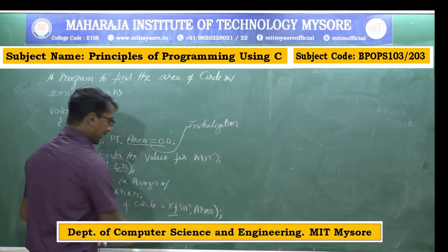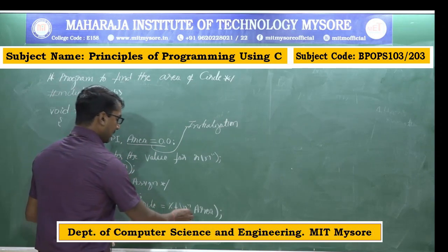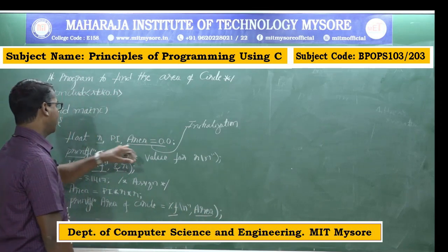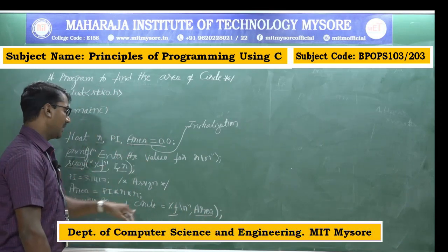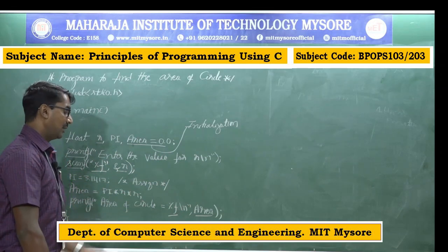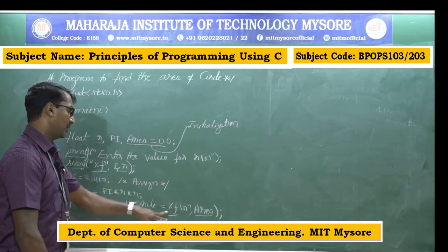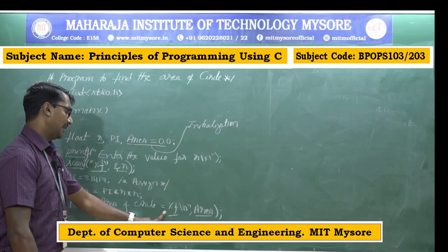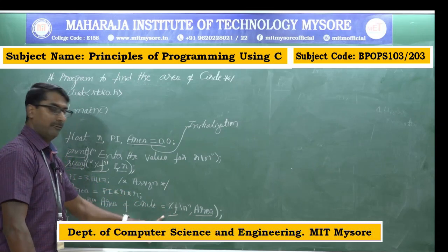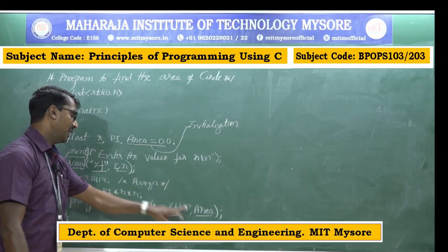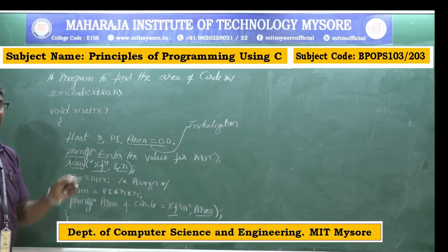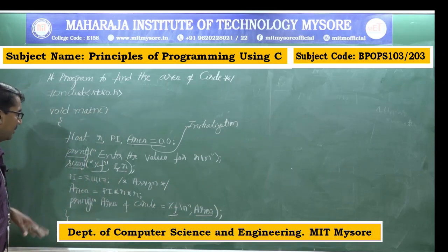Here also I have specified %f, because the variable area is of type floating point. Here I am displaying the value of the variable area. So we use %f for indicating the variable data type is float. Now it will display the value of area on the computer monitor.